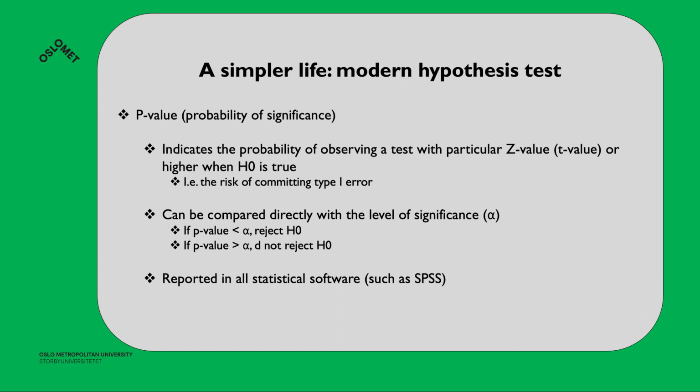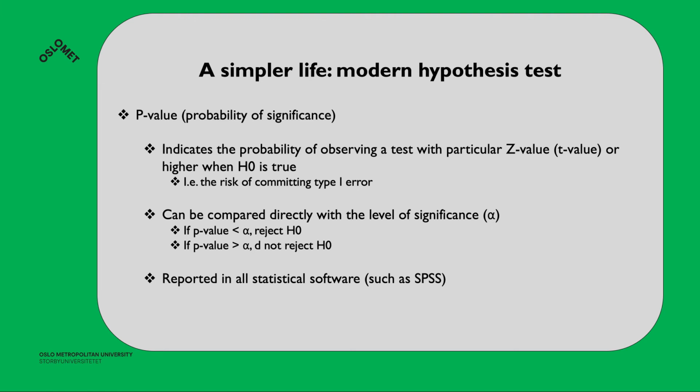What's important to know when you interpret a modern hypothesis test, where you use statistical software such as SPSS, is how to compare the probability of significance with your chosen level of significance. Remember that your chosen level of significance is the maximum risk you are willing to take to commit a type 1 error.